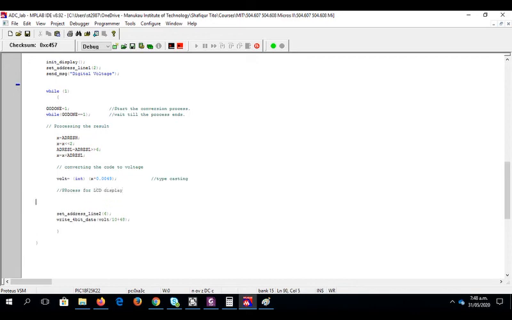So first thing is I need to convert tens. Tens is equal to volt divided by 10, and I need to do unit, and that should be equal to volt modulus of 10.